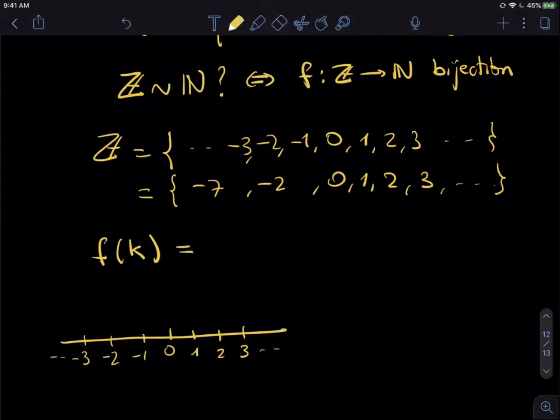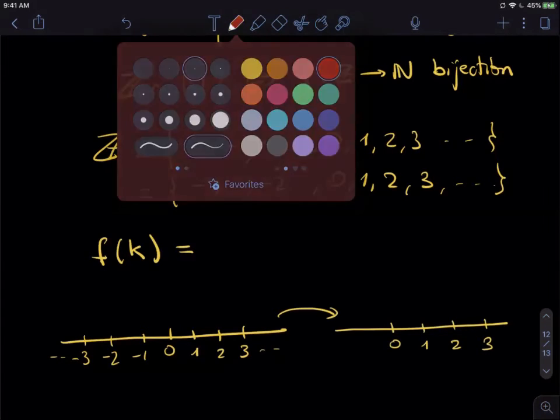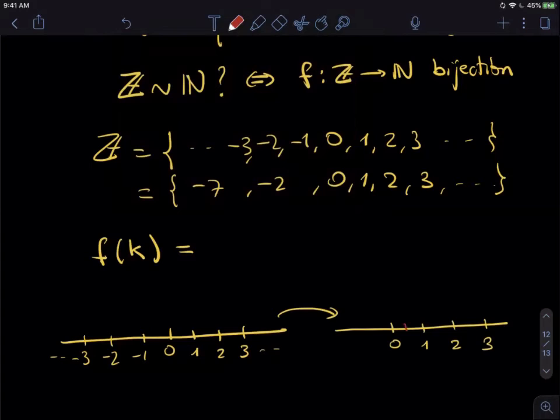So we are going to take 0, 1, 2, 3, and so on. And then we are going to put in between, let's use a different color, the negative numbers. So this is going to be -1, -2, -3, and so on.